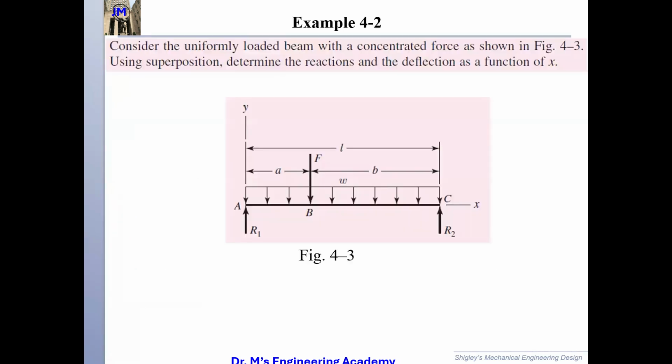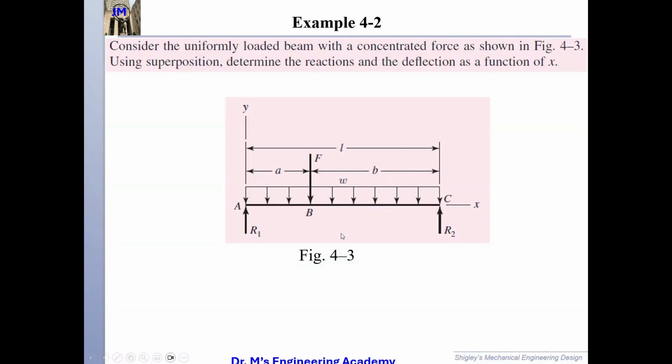No question? For this example, I will not talk about it in detail, I'll just show you. This R1, R2, if we apply load, we have reaction 1, reaction 2. This is a uniformly distributed load, and we ask you to calculate the deflection under this uniformly distributed load along with this concentrated force. How to do that? If we use the principle of superposition, we will do two things.